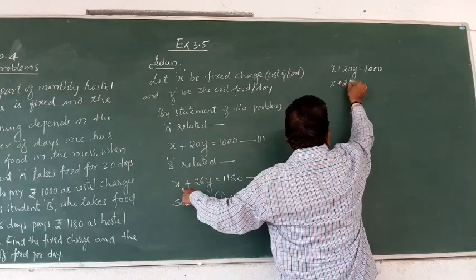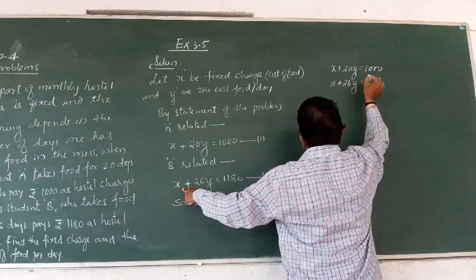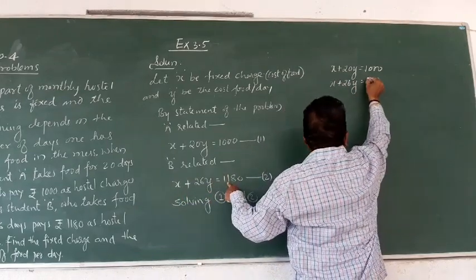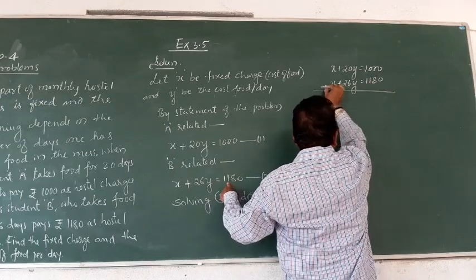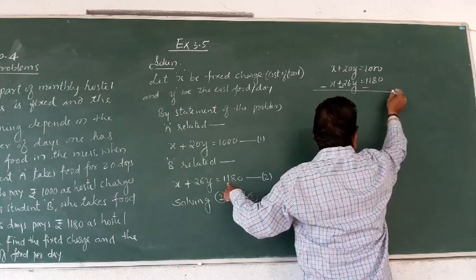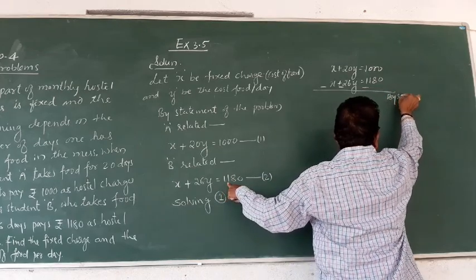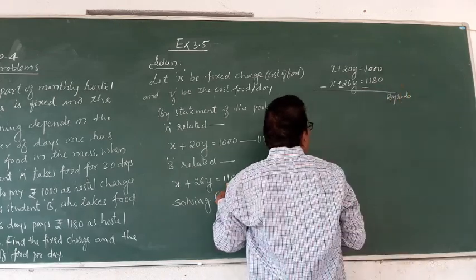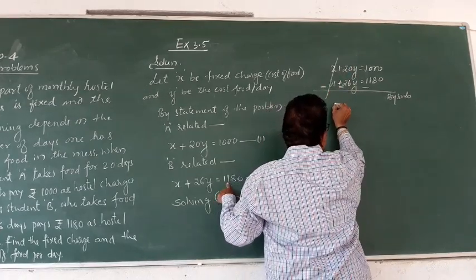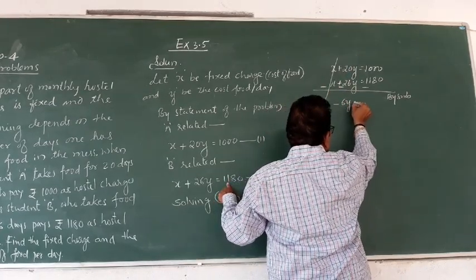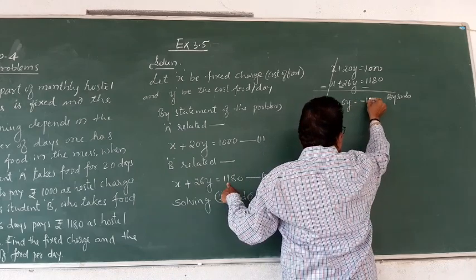X plus 26Y equals 1180. By subtraction, X minus X gets cancelled. This one is minus 6Y equals minus 180.